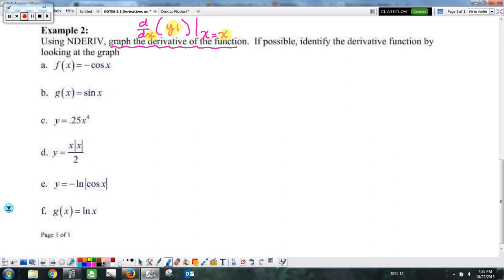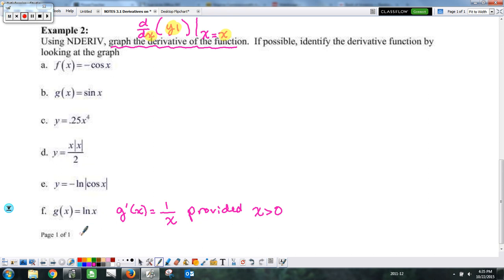Now, based on the one we did for the log up above, I actually already did it, so we can do this one down here. G prime of x, based on the work that we did above, is going to be 1 over x, provided x is greater than 0. The reason I'm adding this in is because this is a domain restriction.